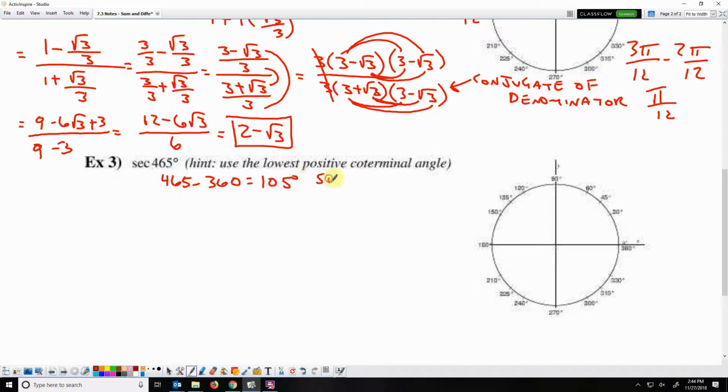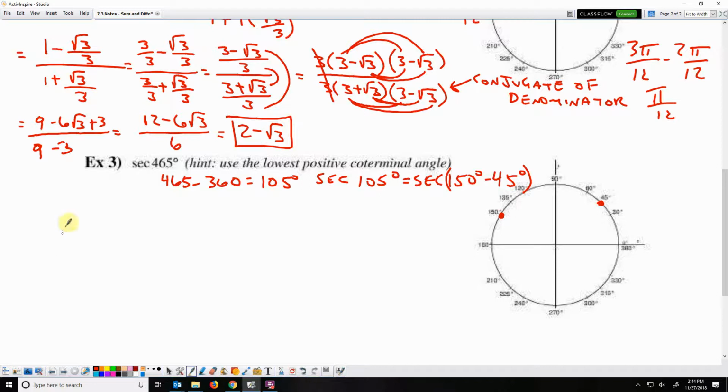So we are doing secant of 105 degrees. 105 does not show up on the unit circle. So there's multiple ways to make 105. I'm going to do 150 minus 45. So it's secant 150 degrees minus 45 degrees. It's not the only way to do it, but it's the way I'm choosing.